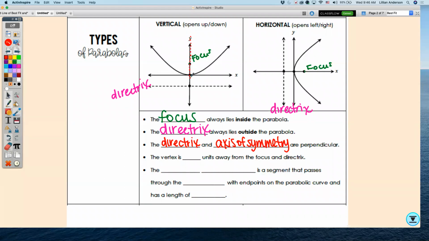It's like that imaginary line that cuts through the vertex of your parabola, okay? So the directrix and the axis of symmetry are always perpendicular. And the axis of symmetry, when it opened up and down, will always be the x coordinate of the vertex. When it opens left to right, it's going to be the y coordinate of the vertex.